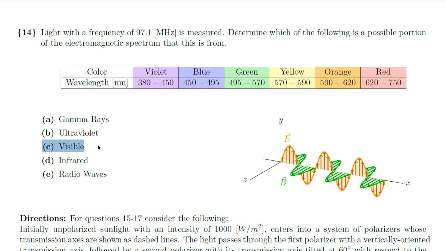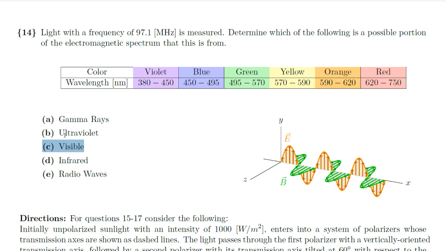It has to be on one end of the spectrum or the other end of the spectrum. But now you can also eliminate half of your answers, because one way will be smaller wavelengths and one way would be larger wavelengths.